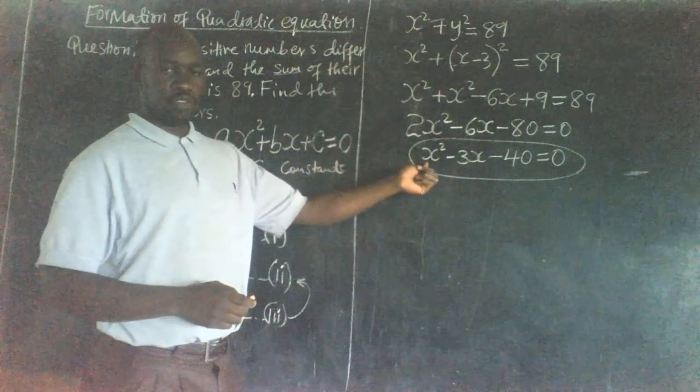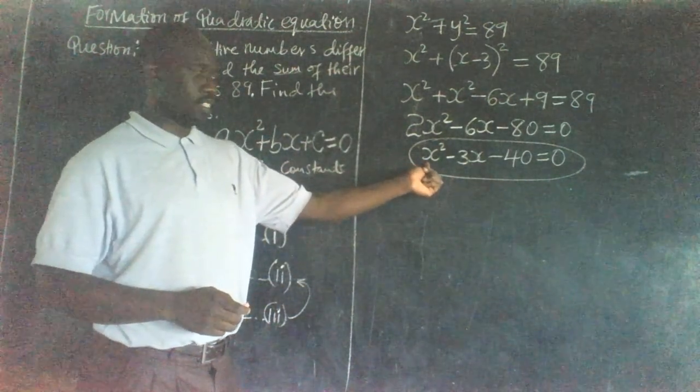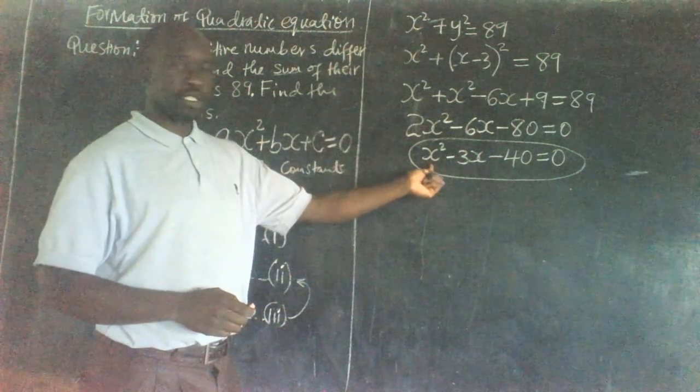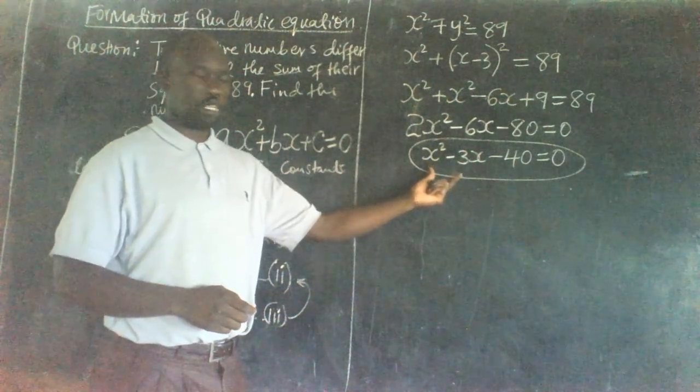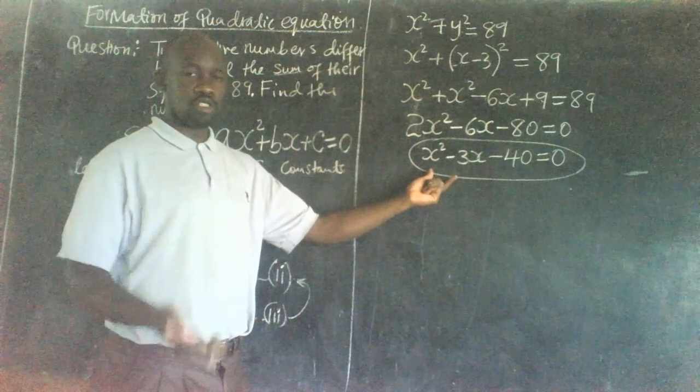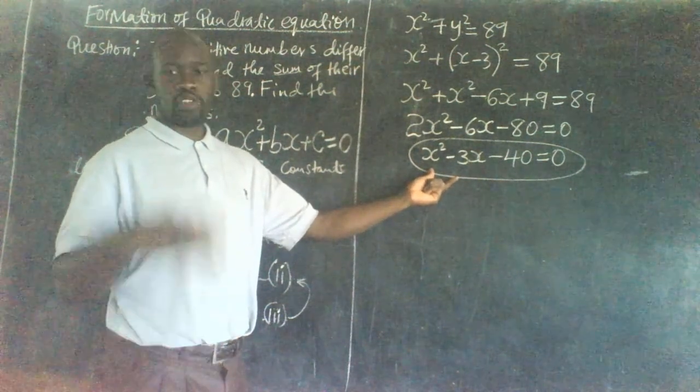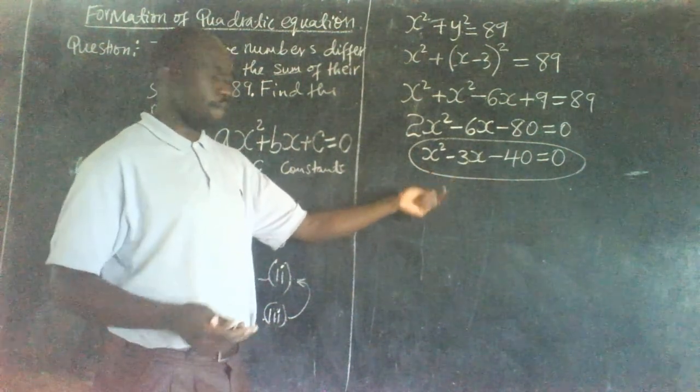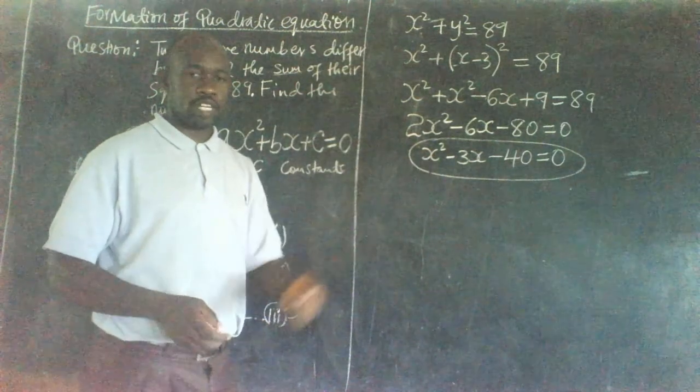So we need to solve for x. We are going to use the factorization method to solve this. Also, you can use the quadratic formula or the completing the square method. But let us use the factorization method.